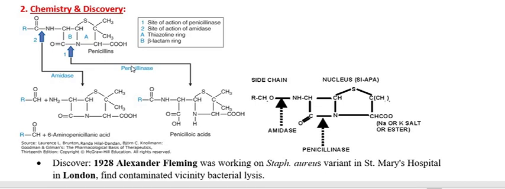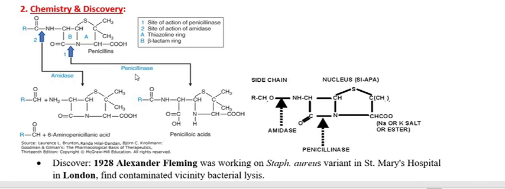beta lactamase enzymes are of several types, but the two important beta lactamase enzymes are classified based upon their action on penicillin and cephalosporin beta lactams. If a beta lactamase enzyme such as penicillinase acts on the beta lactam ring of penicillin and breaks it down, this enzyme is called the beta lactamase enzyme penicillinase.